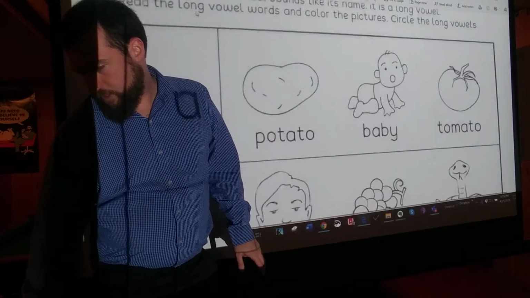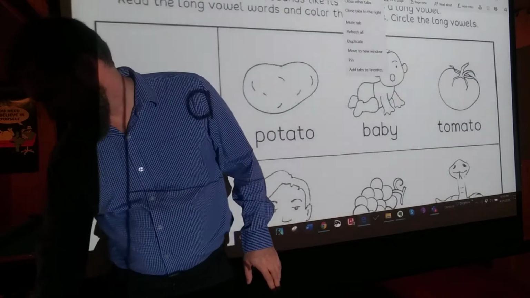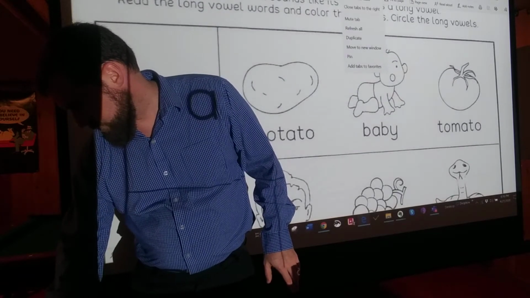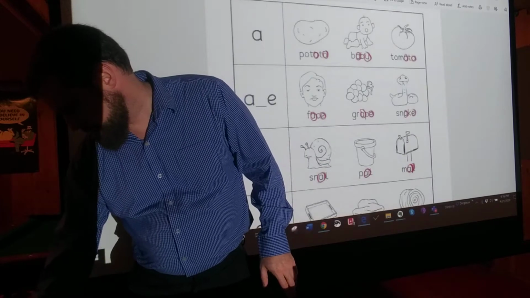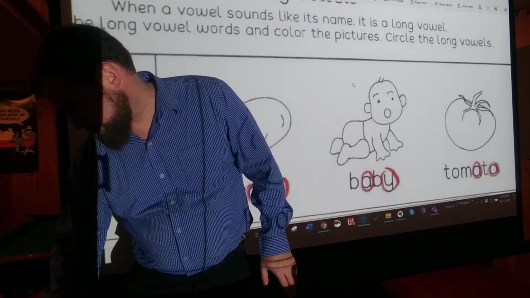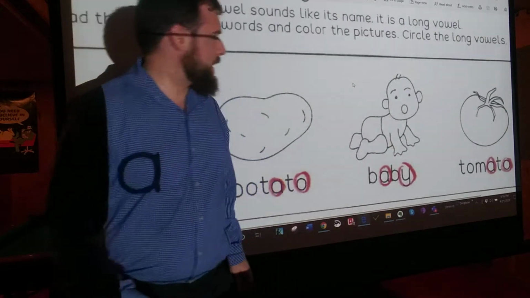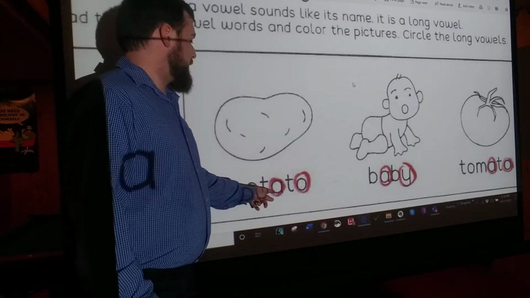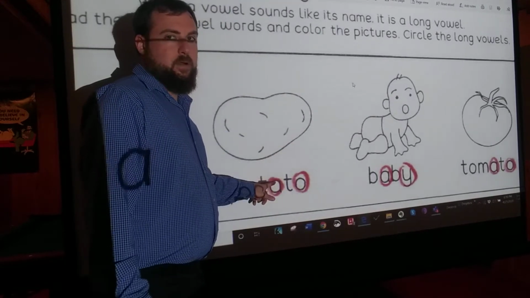So let's start with what I just went over. Okay? So for our long A sounds, see, I circled the A, but then I circled the T because the T made the A long.